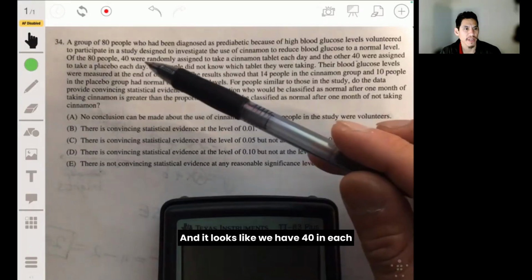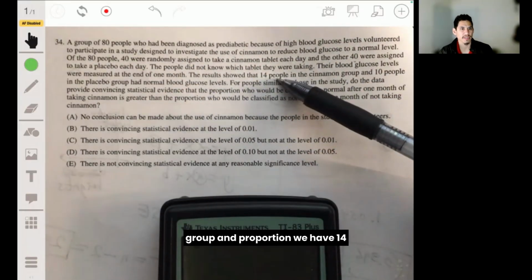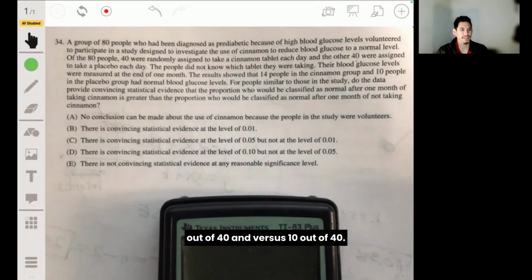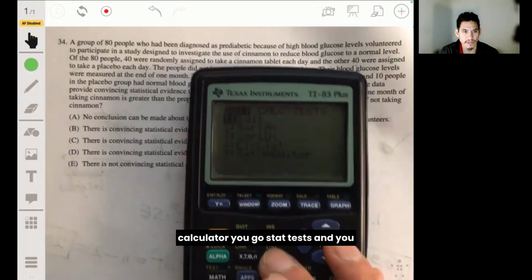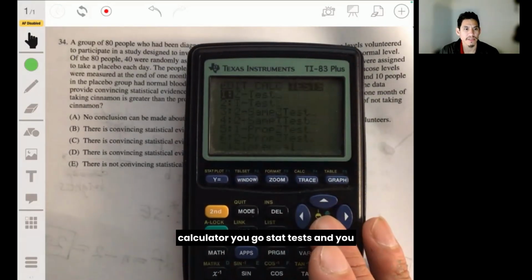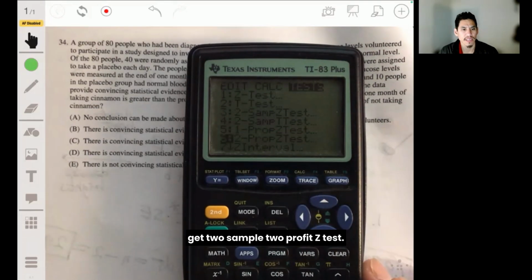And it looks like we have 40 in each group, and proportion, we have 14 out of 40 versus 10 out of 40. And in your calculator, you go to stat, tests, and you go two prop z-test.